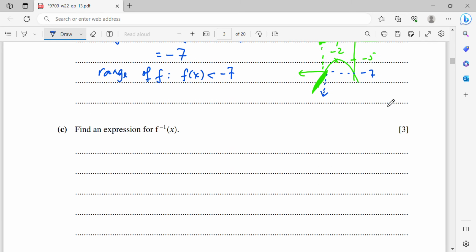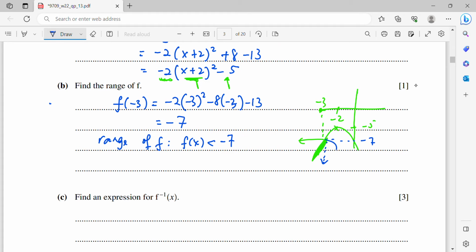So now, c, find an expression for the f inverse. So to get the f inverse, since our graph is here now, that means it is a one-to-one function, it has one-to-one mapping, therefore the inverse function exists. So now I will refer back to the completed square form to get the inverse function. So let y equal f(x).